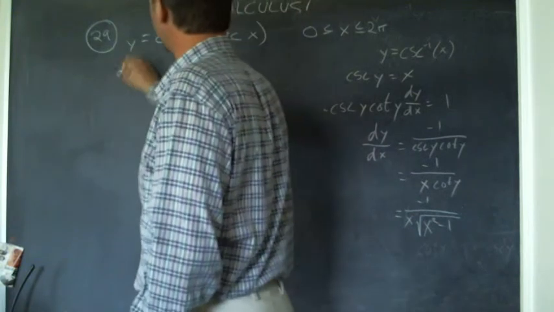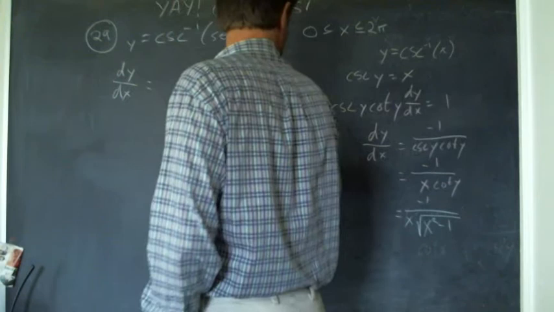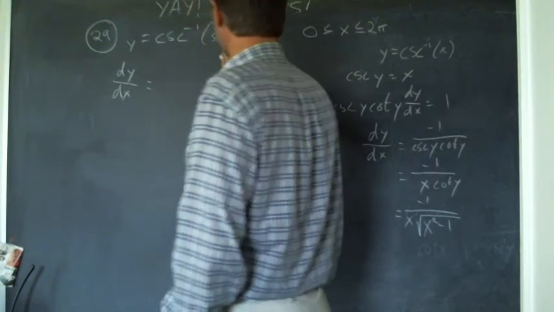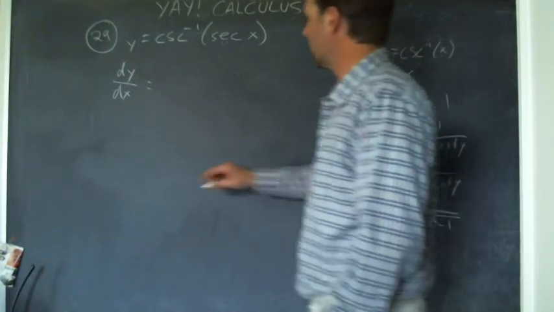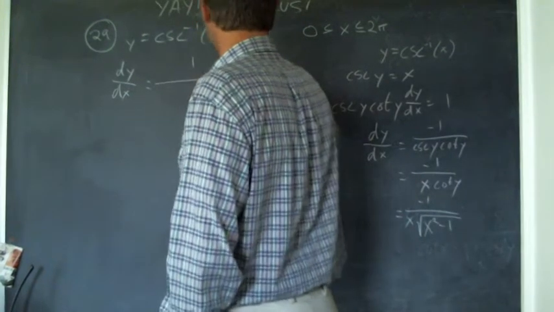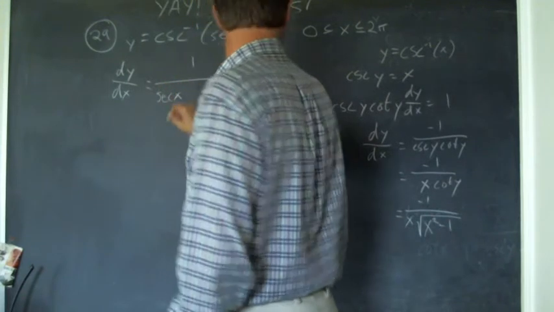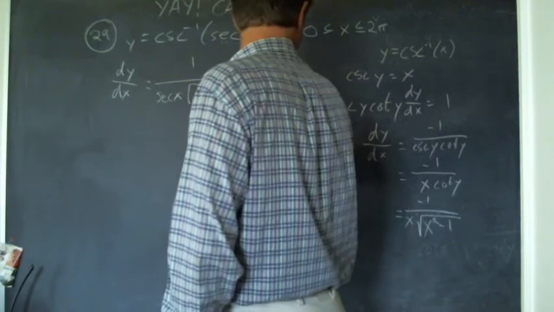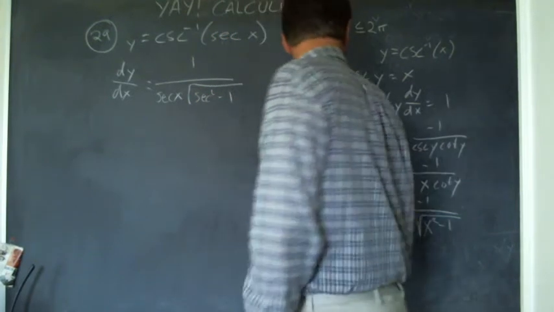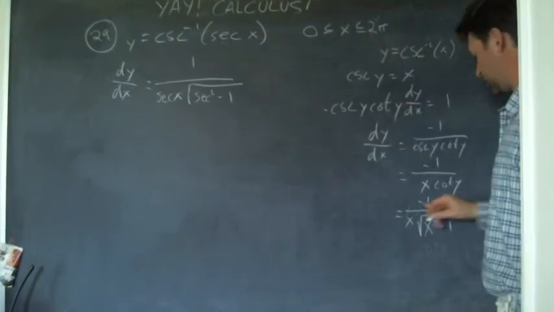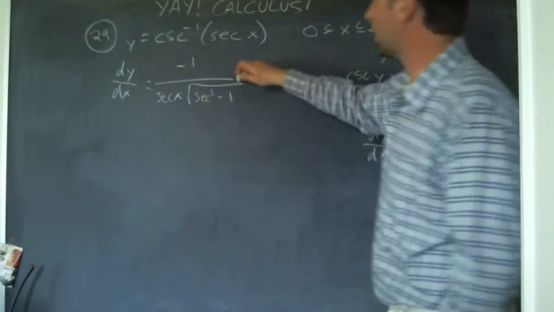So we take our derivative of y with respect to x. So this is our x. So that x is going to show up twice here. So we'll have 1 over, that'll be secant x times the square root of secant squared minus 1. I forgot my negative. And times the derivative by chain rule.